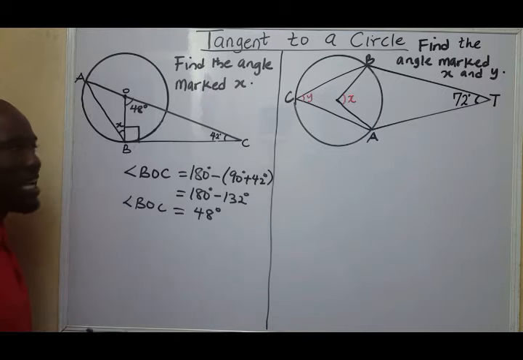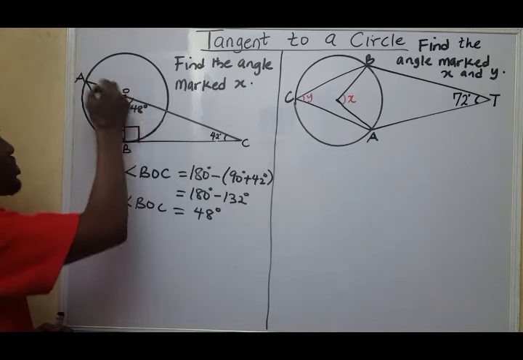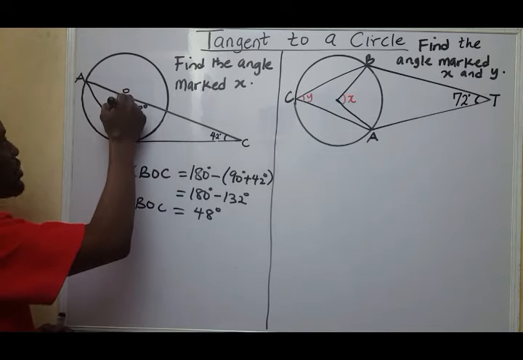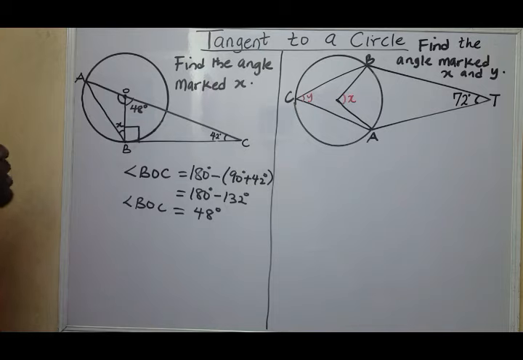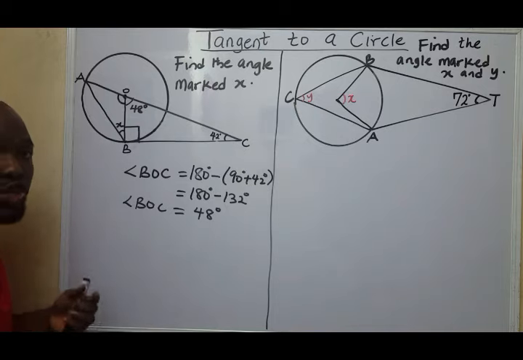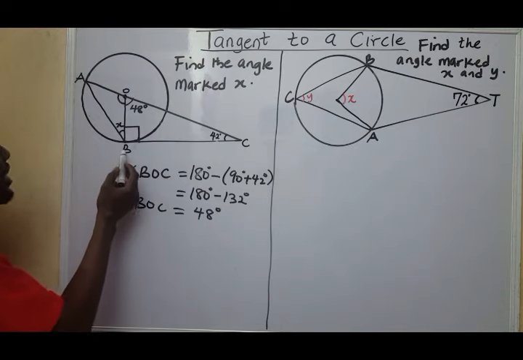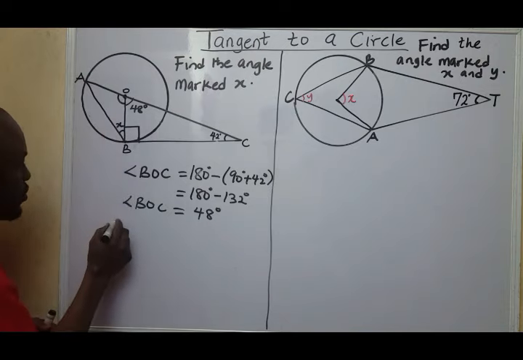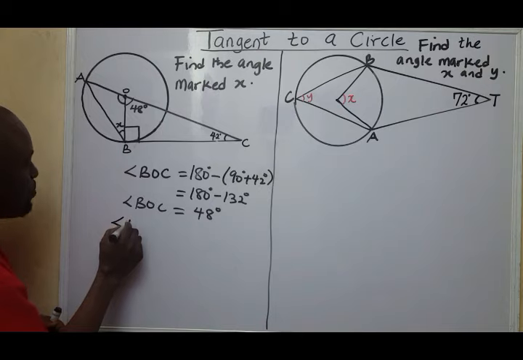Bear in mind, I want to find the angle marked X. This is a straight line, so I need to get this angle here. Remember that the sum of angles on a straight line is 180 degrees. I want to find angle BOA.